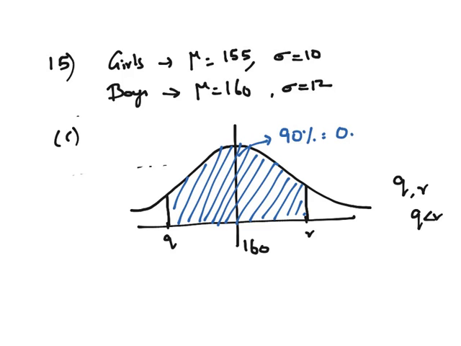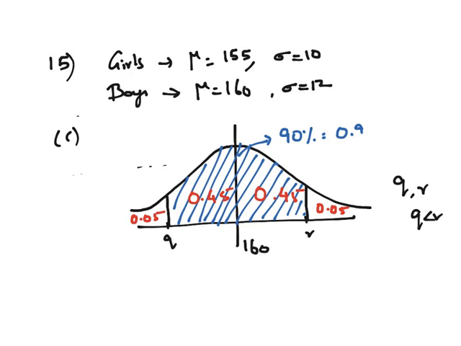That means 0.9. So obviously it means that this will be 0.45 and this will be 0.45. So the question is find the value of Q and of R. So which means this is 0.05 and this is 0.05.